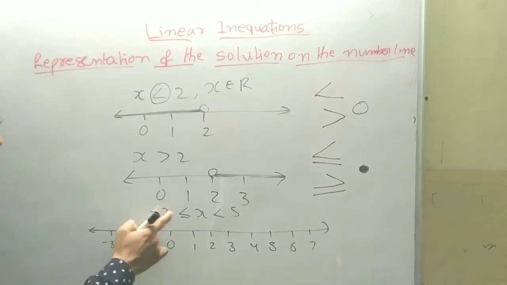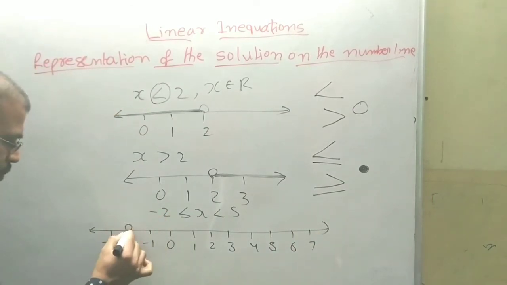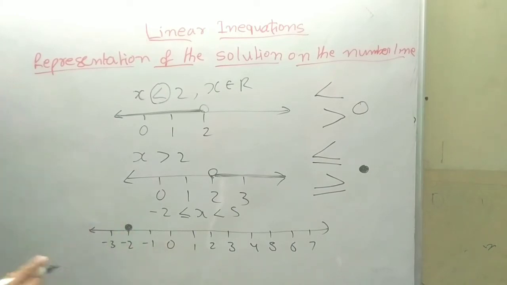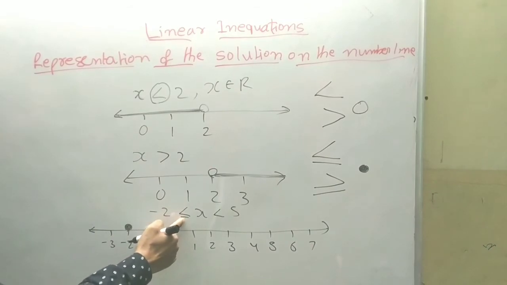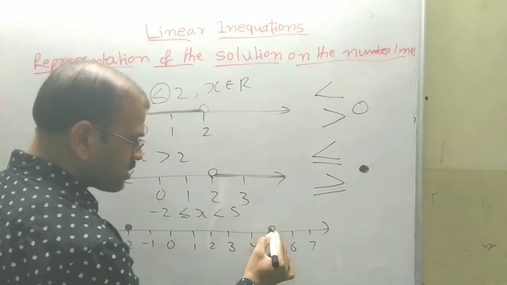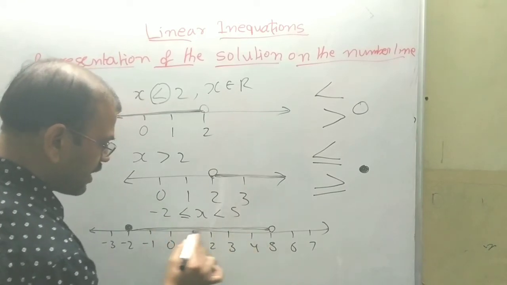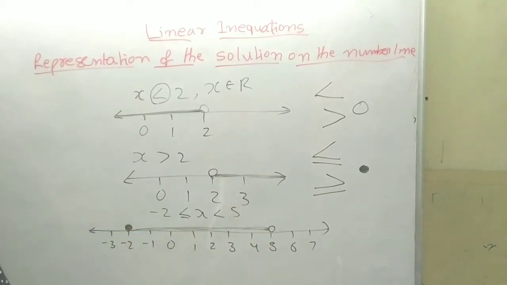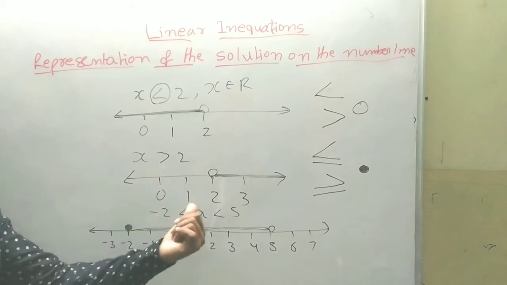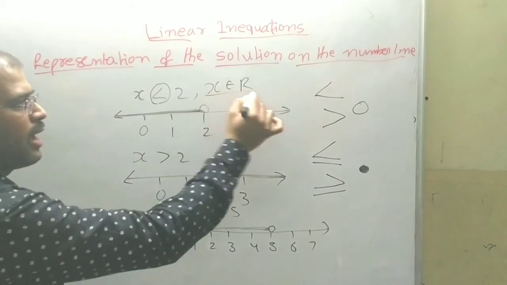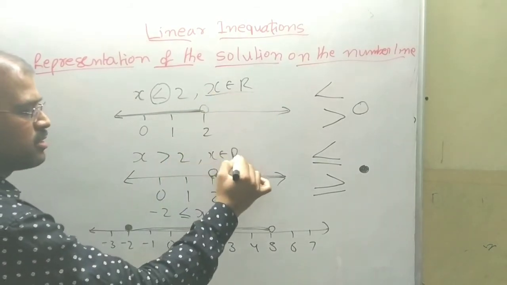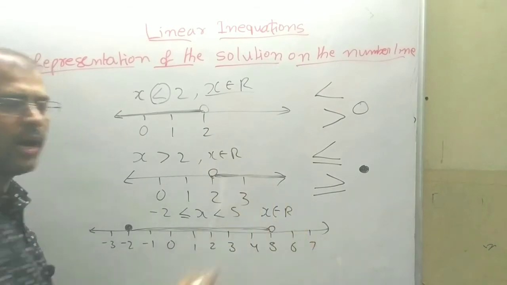Now at the minus 2, I am going to write the thick circle or shaded circle, because here it is less than or equal to. At the 5, you put the hollow circle. Then shade between this part. This is on the number line we are applying for x belongs to R. All the cases we apply for x belongs to R.